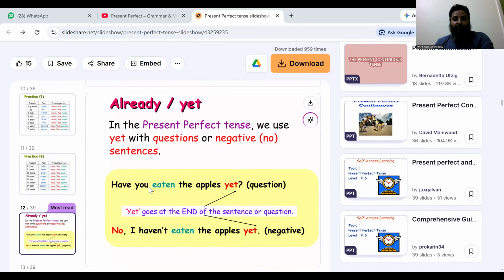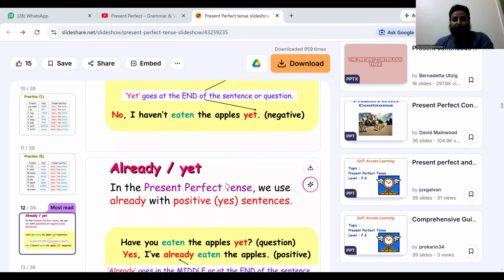For example, have you eaten the apples yet? No, I haven't eaten the apples yet. So here in the question, we use yet at the end of the sentence. And in the negative form, haven't, I use yet at the end of the sentence as well.